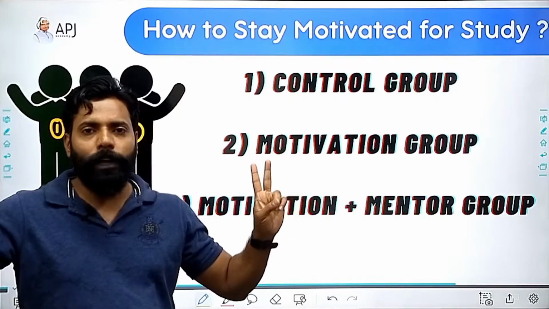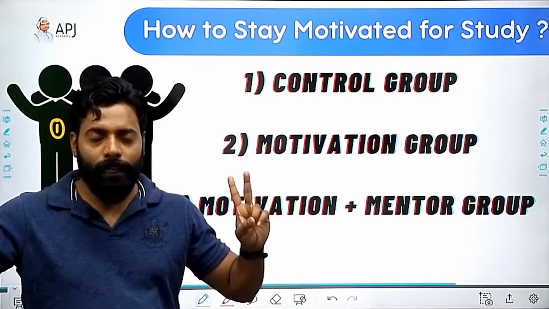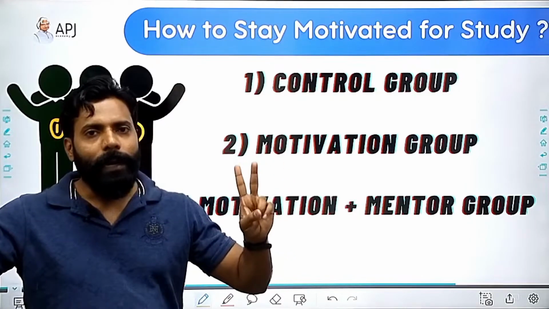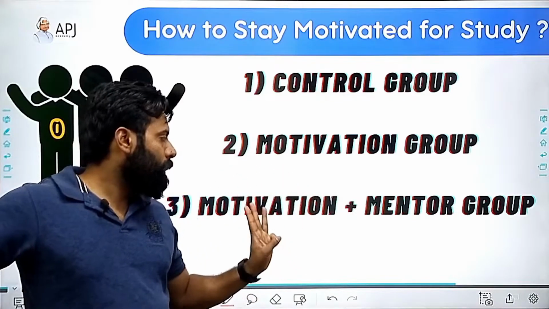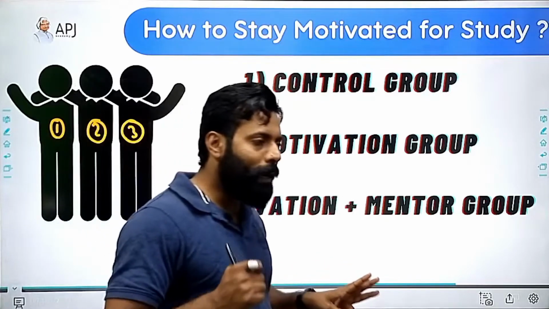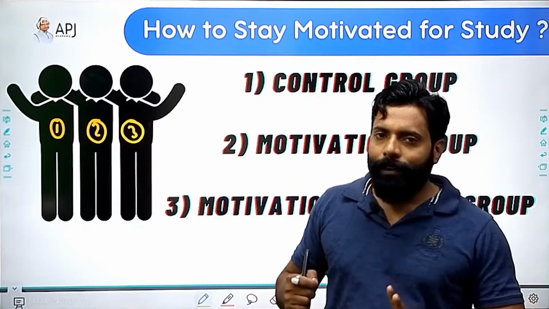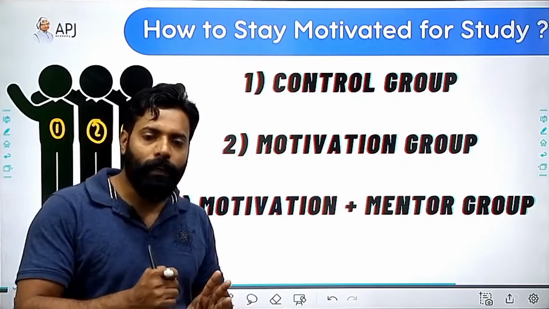The second one is the motivational group. They are advised that yes, they need to go to the gym, but on Monday they have to do this exercise, on Tuesday they have to do this exercise. The third one is the motivational plus mentored group. They were advised and they were mentored. There were personal trainers who guided them that on this day, in a particular set, they have to do this thing.